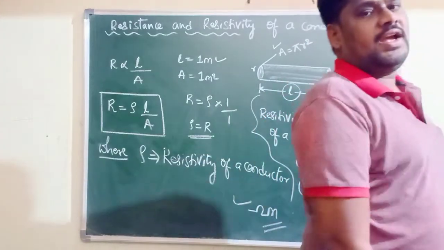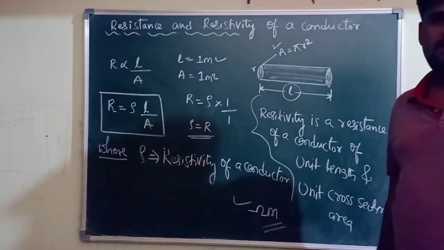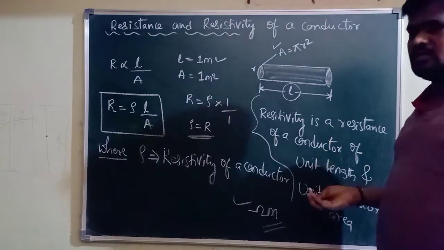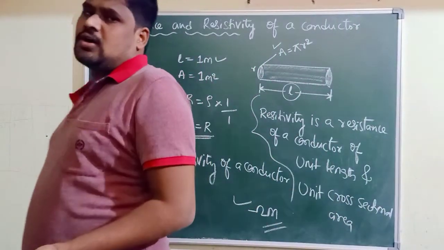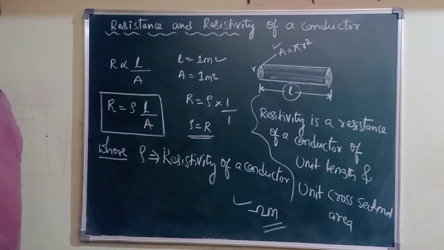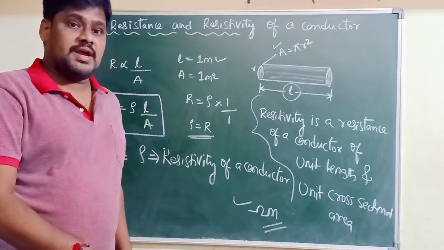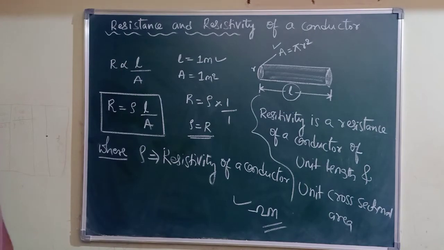One more important thing. Resistivity of a material does not depend on the dimensions of a conductor. Whether you take a conductor of more length or less length, more cross sectional area or less cross sectional area, no matter, resistivity is defined by making the factor independent of length and area of cross section.